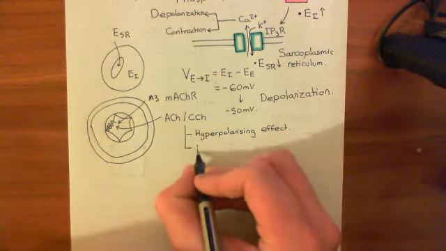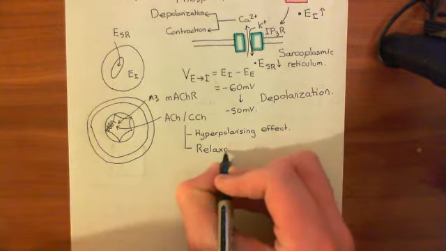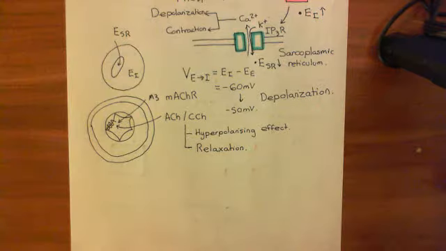Okay, so we expect it to cause relaxation, but we also see that it causes this hyperpolarizing effect that Bolton et al. saw in 1984. So that's not new at the moment.